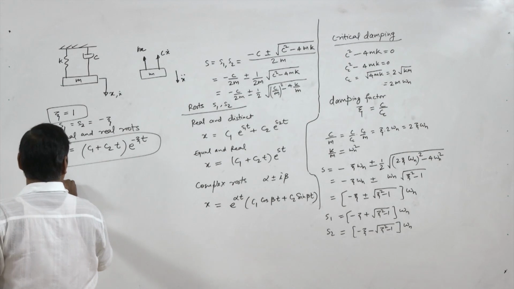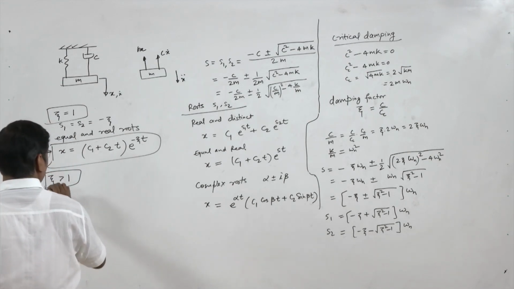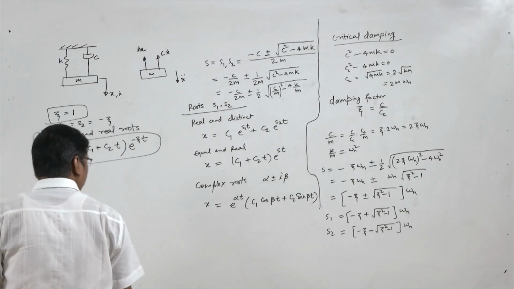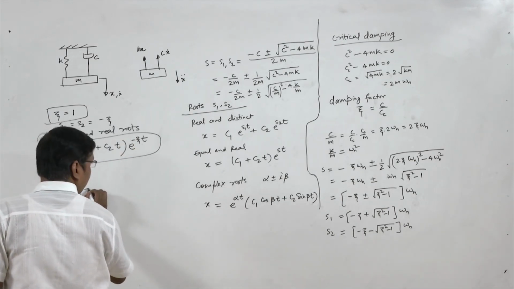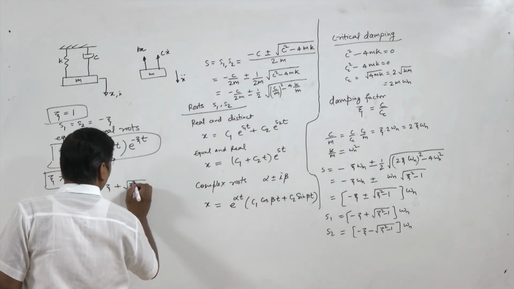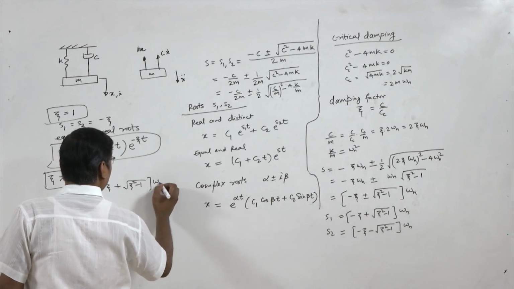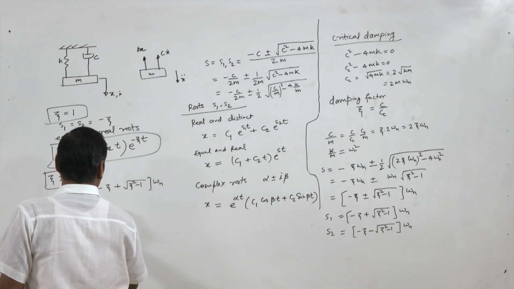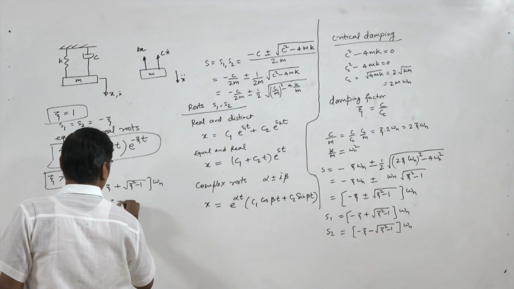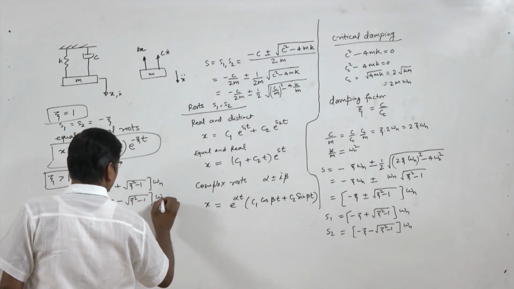Now if zeta is greater than 1, we have S1 equal to minus zeta plus root zeta square minus 1 omega n, and S2 equal to minus zeta minus root zeta square minus 1 omega n.